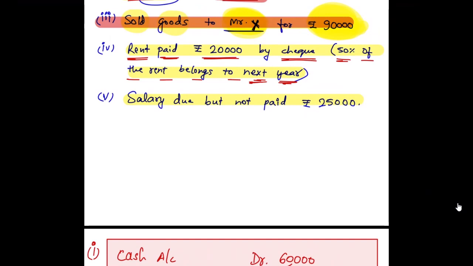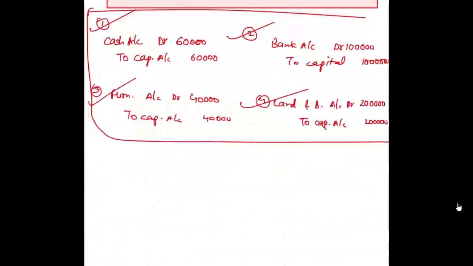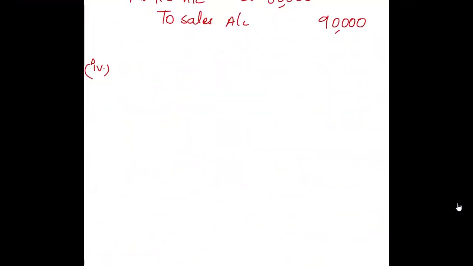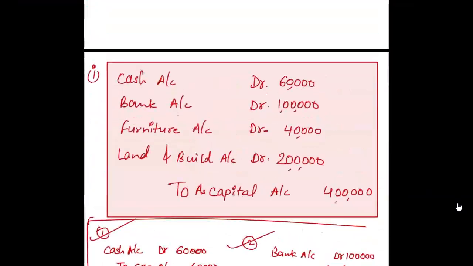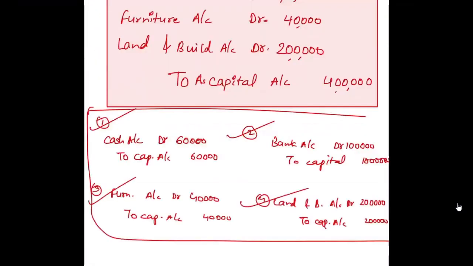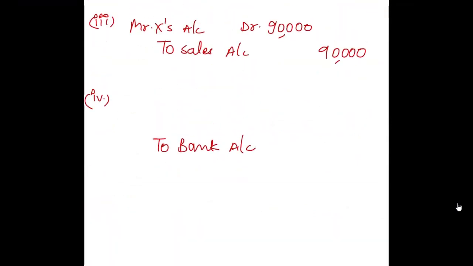So we have paid by check. I have paid by check, so money will go out from my cash account or the bank account. Sir, answer is bank account. Because we have paid the check. Okay, how much was the money? It was 20,000. So it is very clear 20,000 will go out from my bank account.